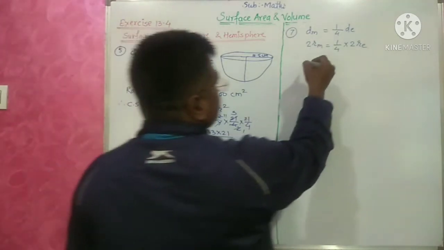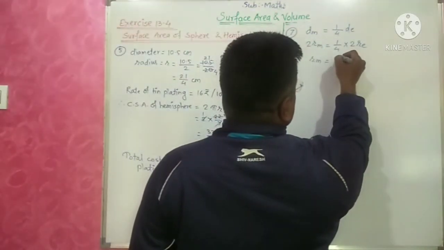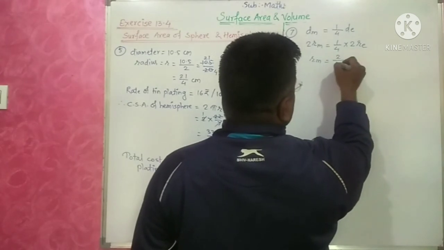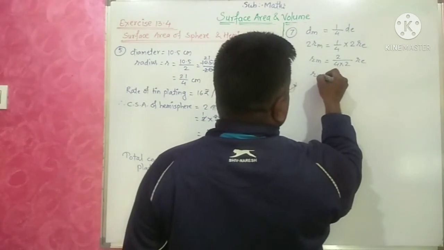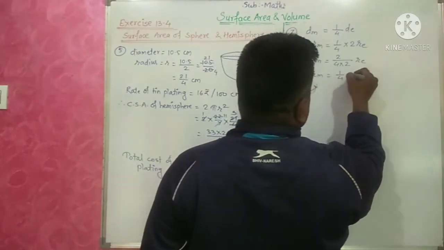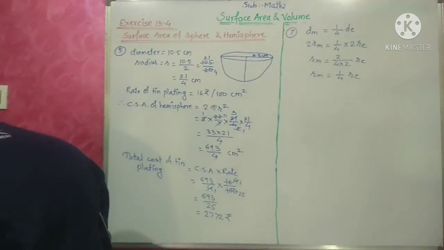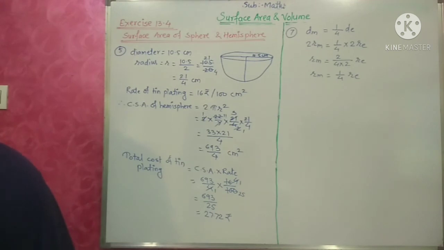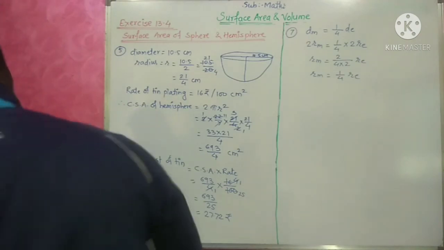So what is the radius of the moon? 2/4 into 2re, so rm equals 1/4 re. So the radius of the moon is 1/4 re.